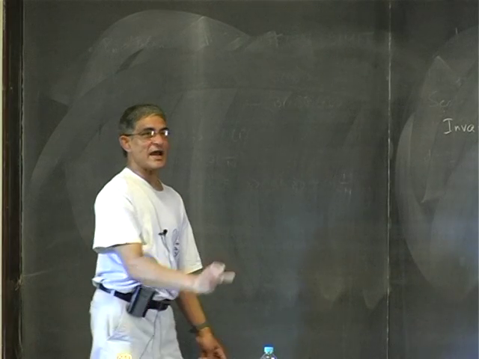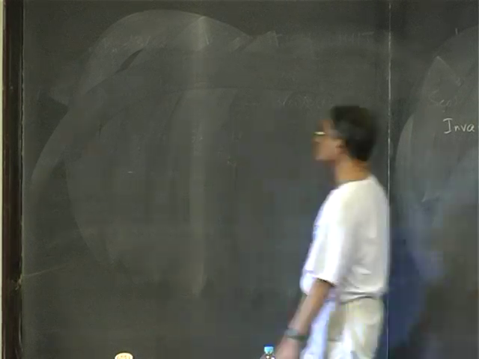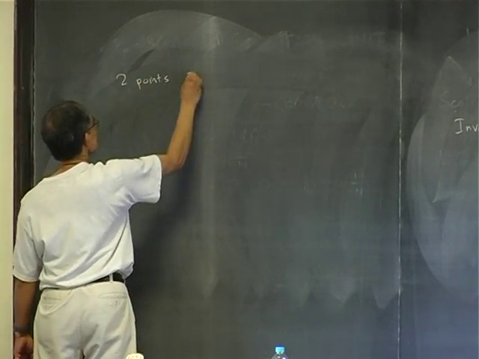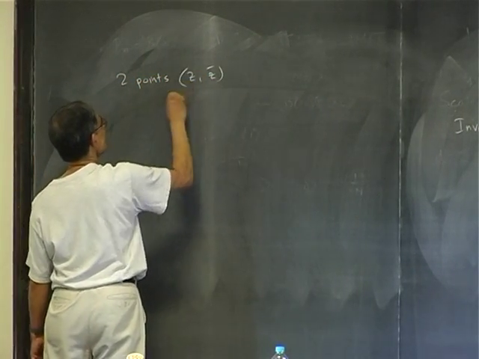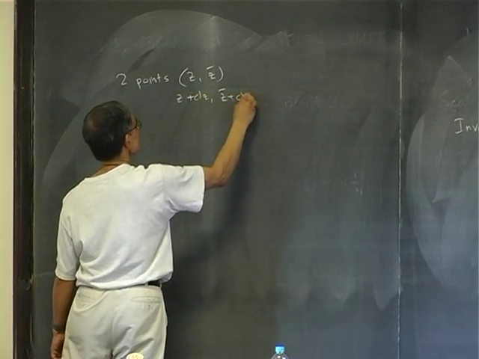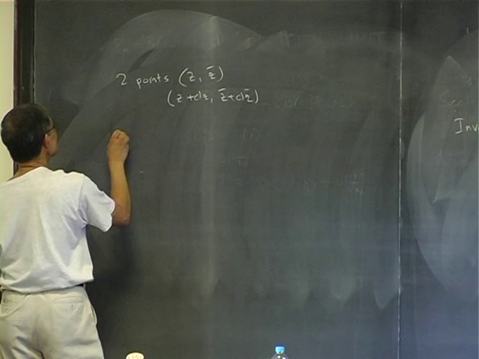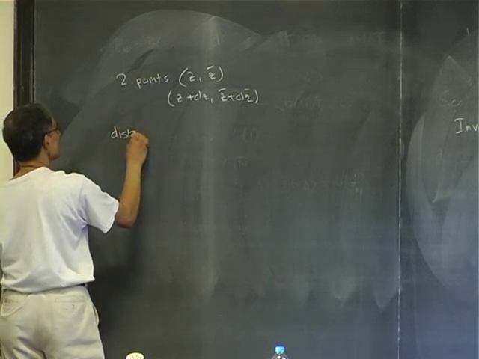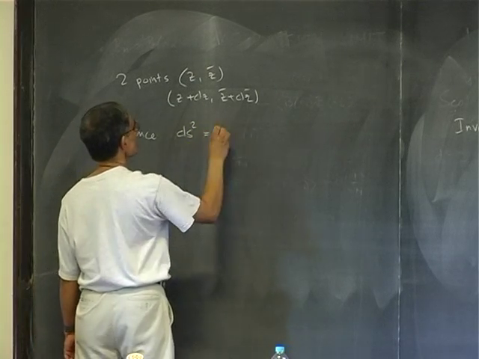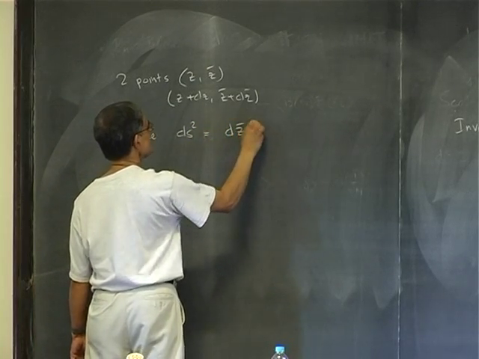That if you look at the distance between 2 points which are labeled by z, so consider 2 points z, z bar and z plus dz, z bar plus dz bar, then the distance, sometimes called the metric, is clearly given by dz bar dz.